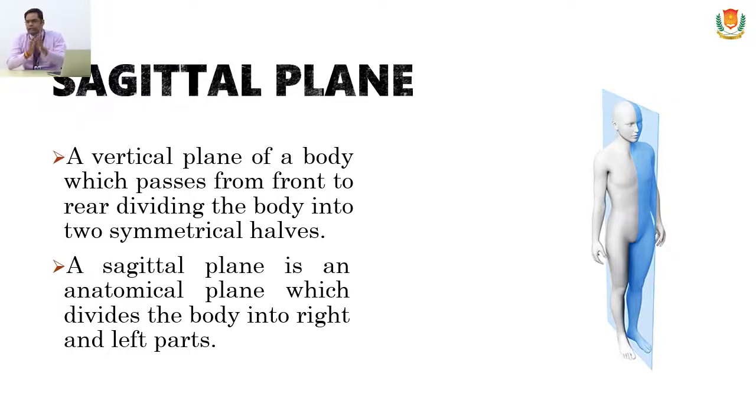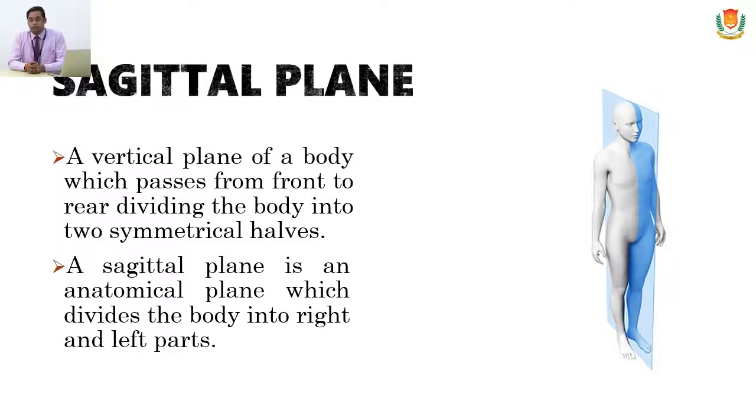Now, a very important thing. I told you just a few moments back about the relationship between planes and axes. So every plane has some relationship with the axis itself. I told you that every axis lies perpendicular to the plane that we are talking about. So the axis that corresponds with the sagittal plane is your coronal axis.